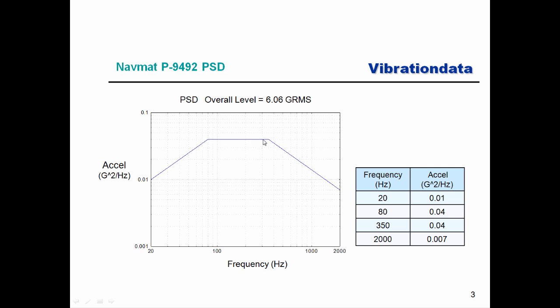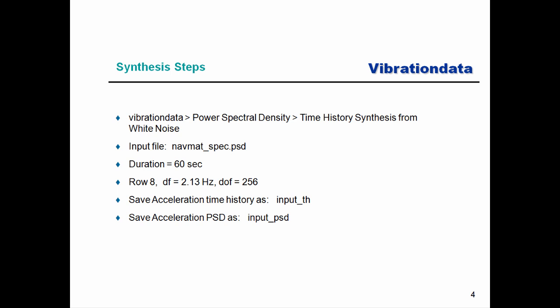We've got 4 coordinate points. And the square root of the area under the curve is the overall GRMS value, which in this case is 6.06 GRMS. So this is our power spectral density specification. So let's synthesize a time history. This will be a review exercise.